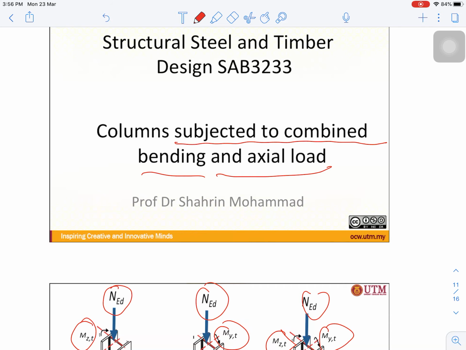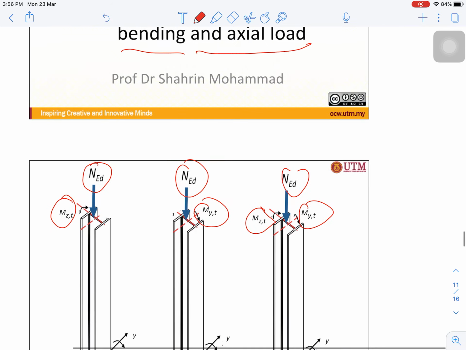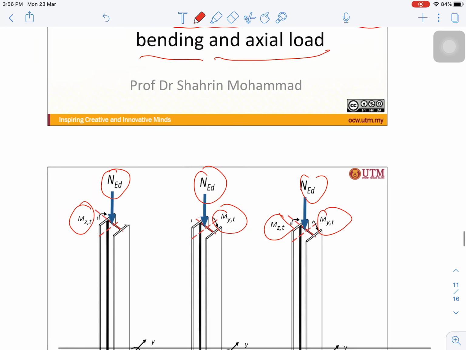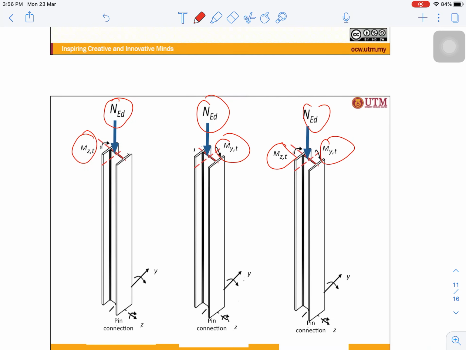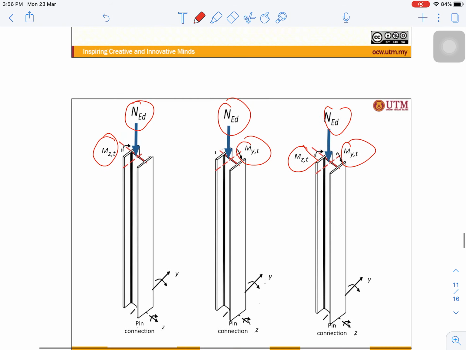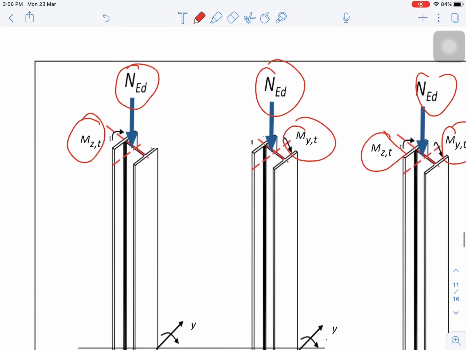It is more complicated than designing a column with axial load because of the presence of the moment. Now let me explain basically the type of failure, the buckling axis here. This is MZT, meaning the moment at the top, T, about the Z axis.